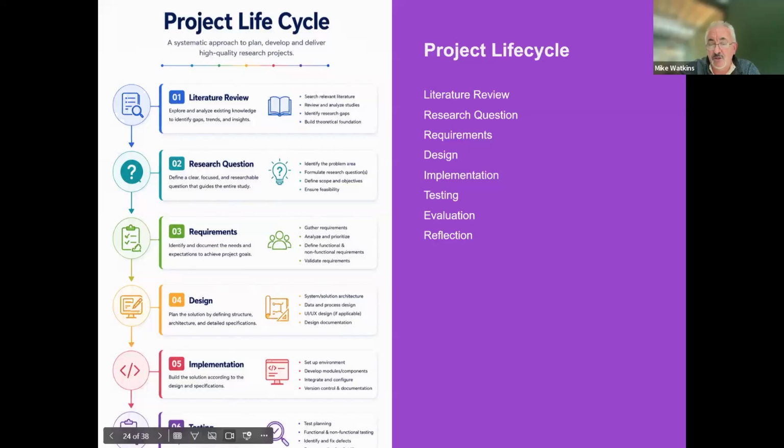What does my solution need to be able to do? The design is, what is it going to look like? What is it going to feel like? How is it going to work? The implementation is about, okay, we understand what we need to do, but now how can we build that and bring it into reality? Testing, evaluation, and reflection, we've already talked about a little bit, so I think we'll skip those. Next slide, please.